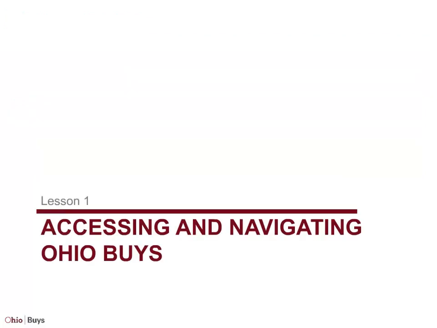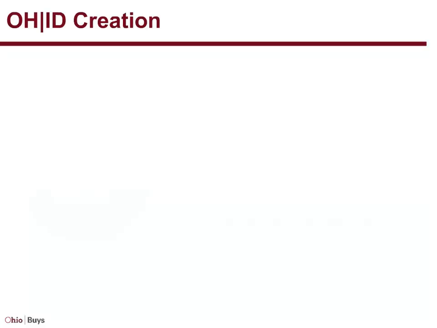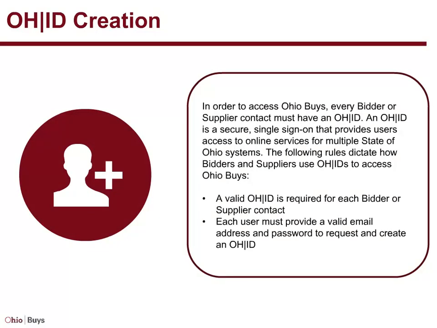Lesson 1. Accessing and Navigating Ohio Buys. In order to access Ohio Buys, every bidder or supplier contact must have an OHID. An OHID is a secure, single sign-on that provides users access to online services for multiple state of Ohio systems.